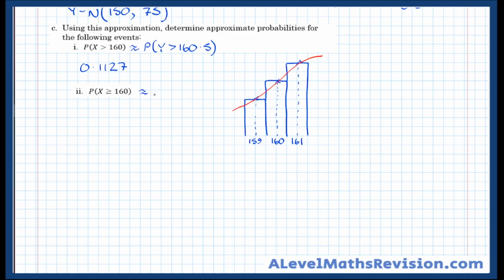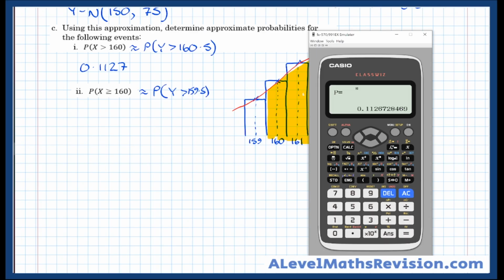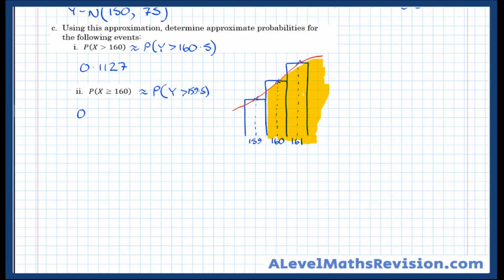And the answer is the probability that y is greater than, and to include all of 160, we start there at the lower bound of 160, which is 159.5. Which is equal to 0.1363.